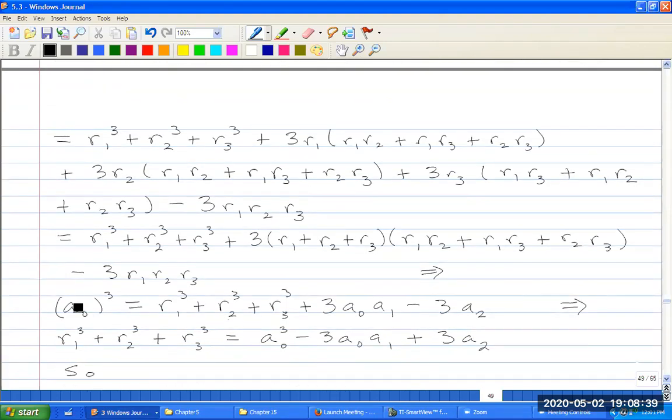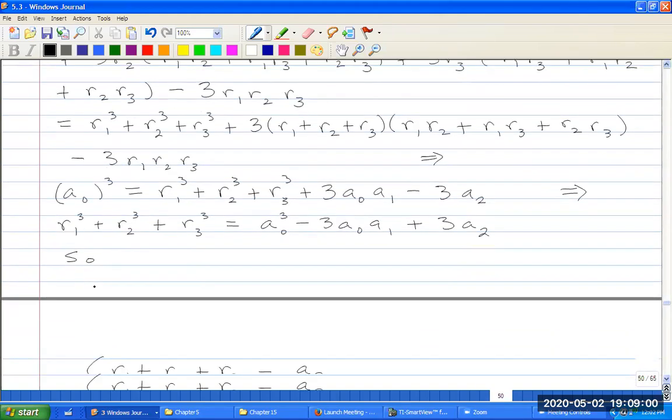So you get A sub 0 cubed is equal to R1 cubed plus R2 cubed plus R3 cubed plus 3 times A sub 0 times A sub 1 minus 3 times A sub 2.